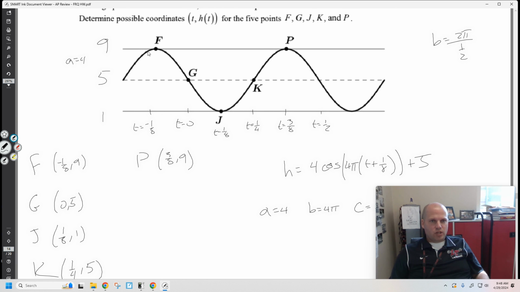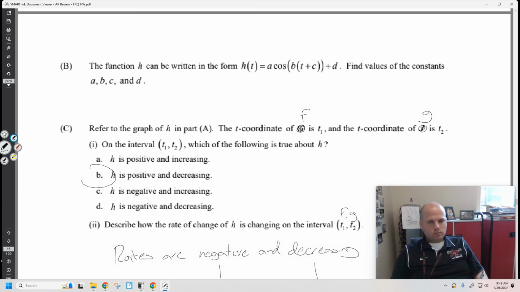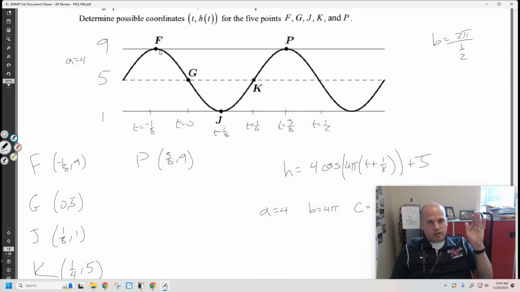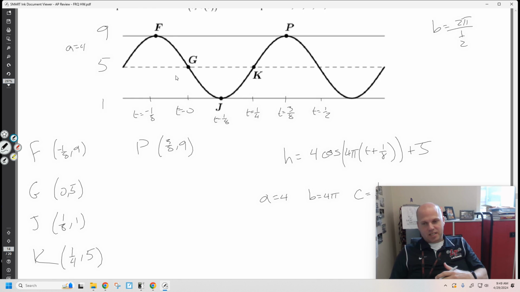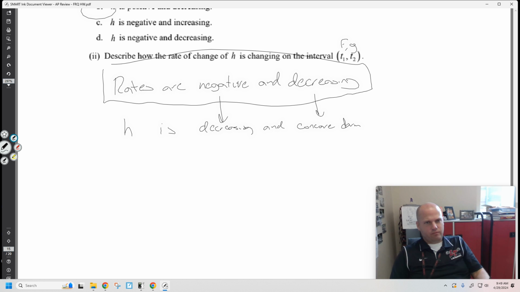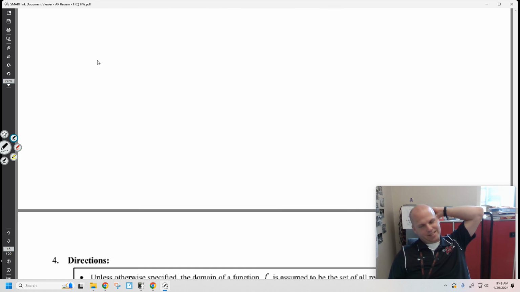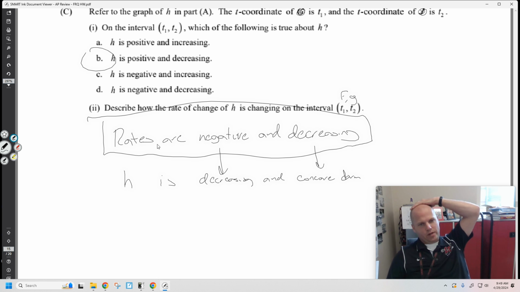All right, between F and G, we are positive. We are above the x-axis. We are decreasing. Between F and G, the rates are negative and decreasing. It's going to be safe if you put both the sign of the rate and how that's changing. I think that's safe. You're not going to lose a point.